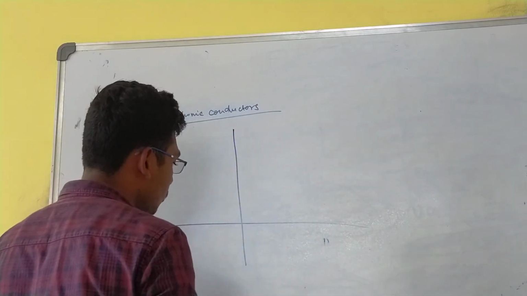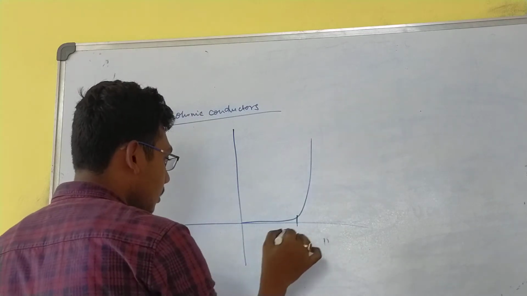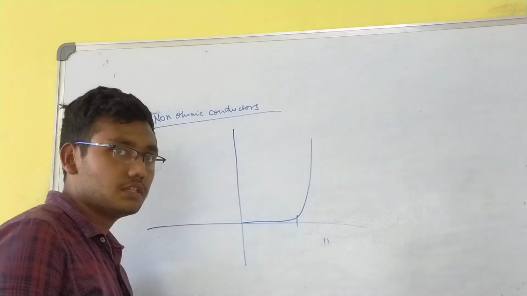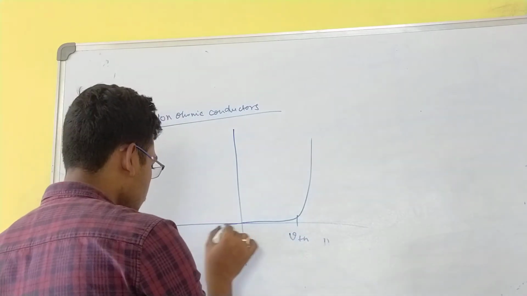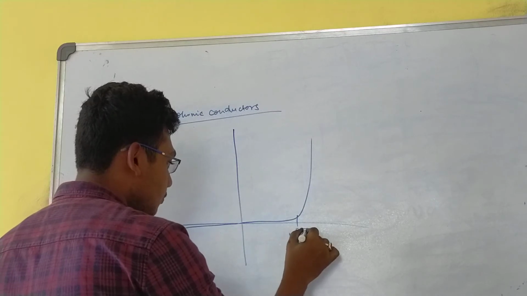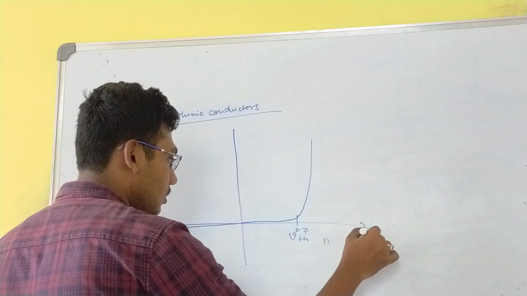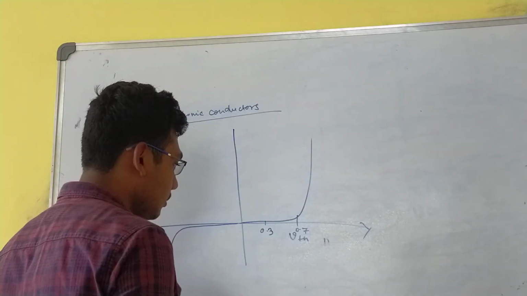The best example of a non-ohmic conductor is a diode. In a diode, which you will learn about in physics later on, this is called the threshold voltage, VTH. This VTH is around 0.7 volts for silicon diodes and around 0.3 for germanium.